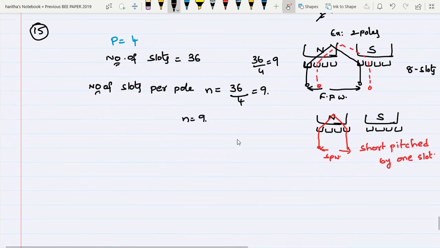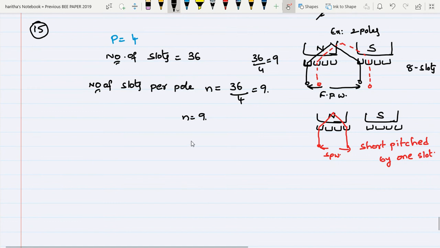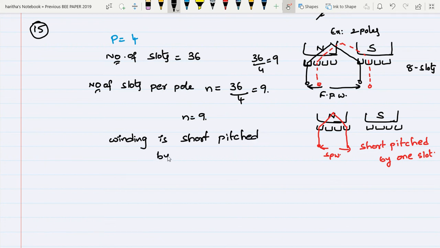So what do we have to find? It is given that the winding is short pitched by one slot, and you have to find out the coil span factor.